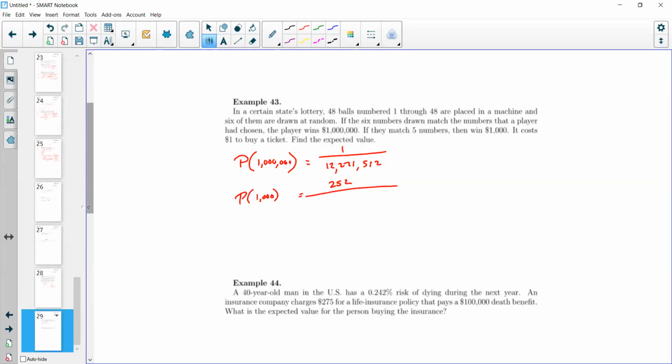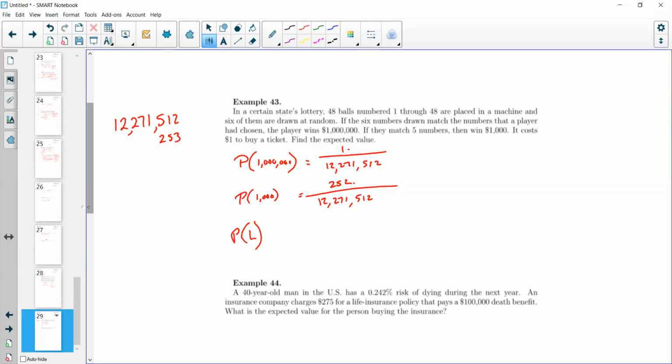I remember that part, and now we know what this part is. So we have a total of 12,271,512 possible tickets, right? And looking at this, I have 1 plus 252. I have 253 winning tickets.